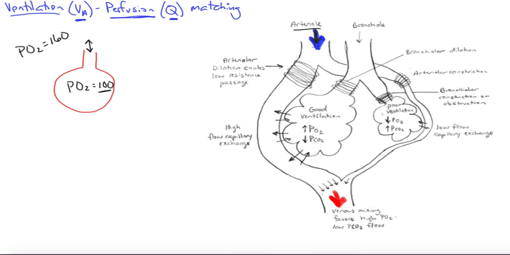The point here is that we've got our arteriolar blood flow coming in, and then we've got our airflow coming in through the bronchioles. Here's our bronchiole, branching, and I'll put a different color on here. Airflow can be designated by purple, if you like. So this is airflow, and we've got airflow adjacent to our blood flow.